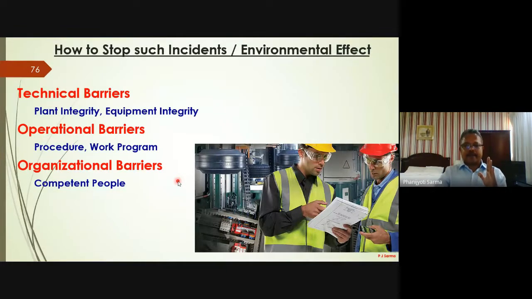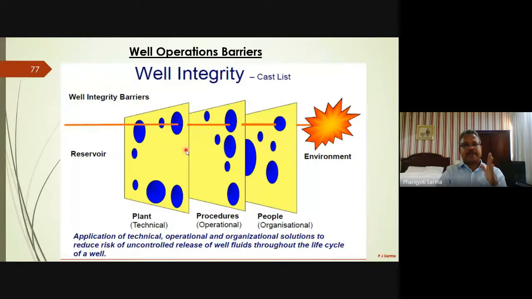Anything else, if the technical barrier fails, still an incident may not happen. If your organizational barrier and operational barrier are intact, you can immediately control those failed barriers, and that is why there are multiple barriers in place.